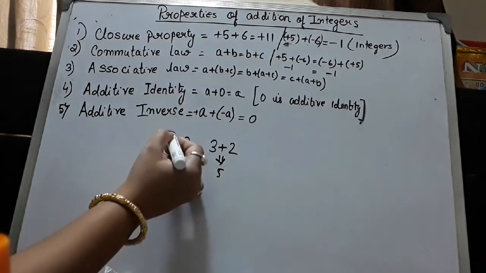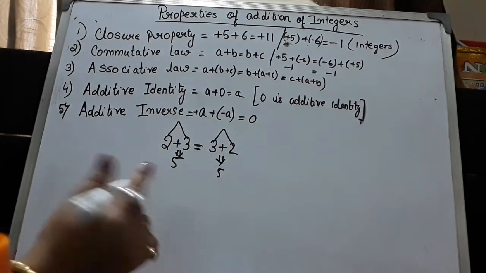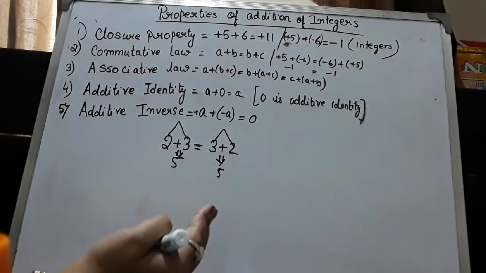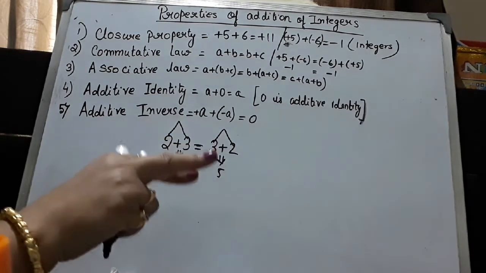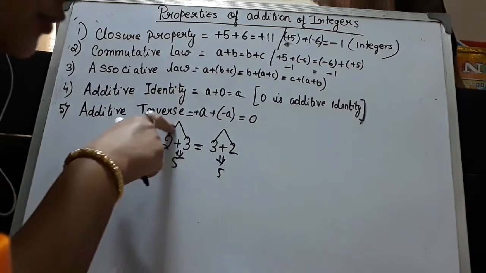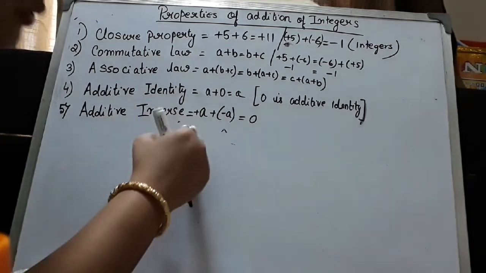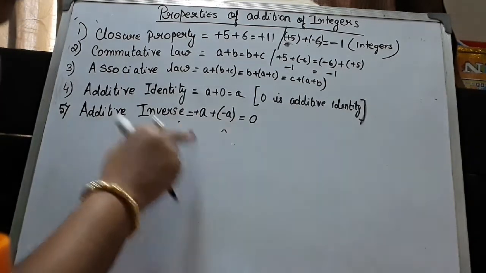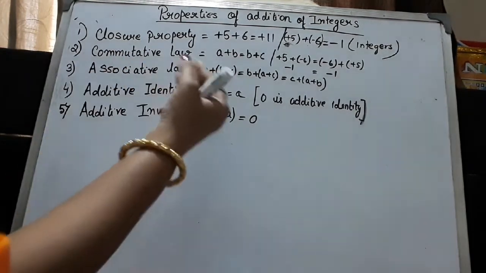That means A plus B is equal to B plus A. If you add the opposite, 3 plus 2, you will get the same answer. That is called commutative: this 2 is communicating with this 3, and this 3 is communicating with the 2.